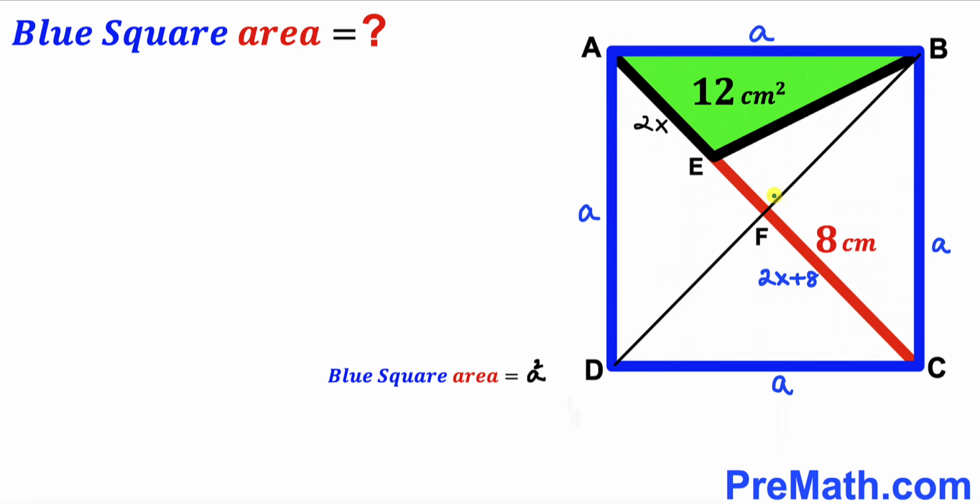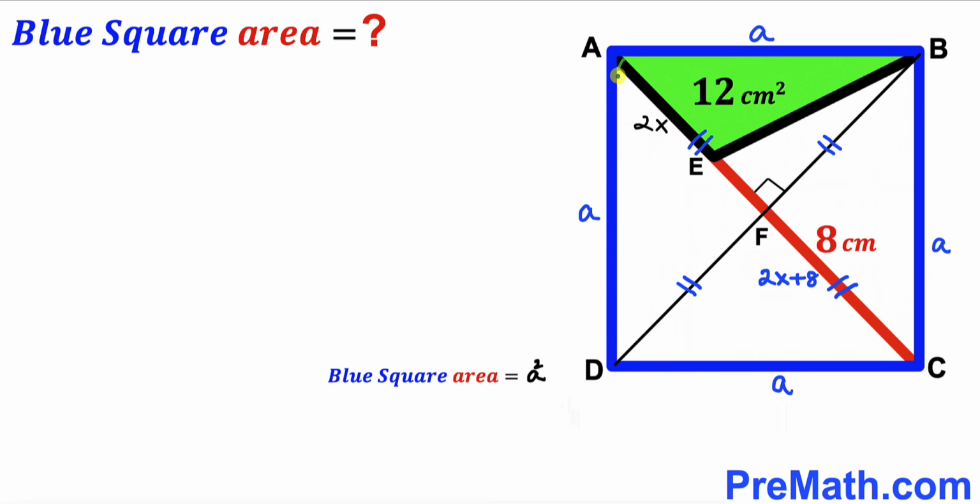Both of these diagonals AC and BD intersect each other at this point F. Since we are dealing with this blue square ABCD, these two diagonals bisect each other, and this angle has got to be 90 degrees as well. In other words, segment AF is equal to segment FC, and likewise segment DF is equal to segment BF.